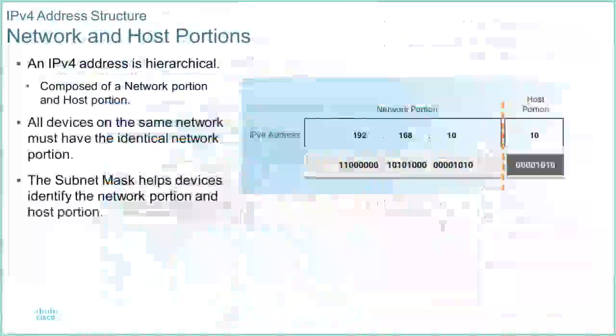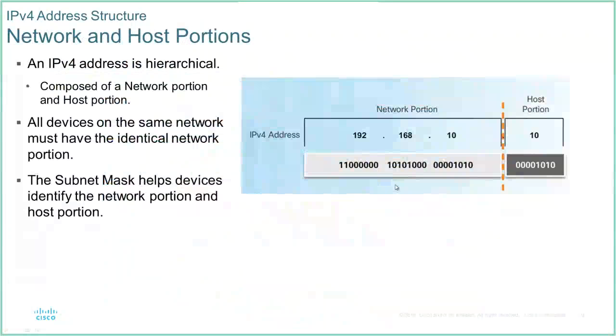So this is what we're representing here. So these 24 bits are network portion. Those remaining bits to the right are host portion.